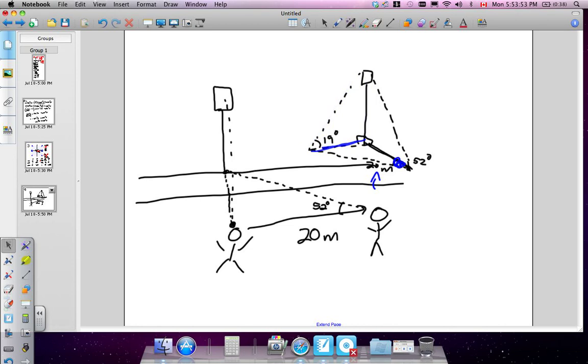Now the only thing is we need one more piece of information in these triangles, the distance beside the 19. Now we could figure out this angle here, and then we'd have all the angles in this triangle, but we're using SOHCAHTOA because this is a right angle triangle.